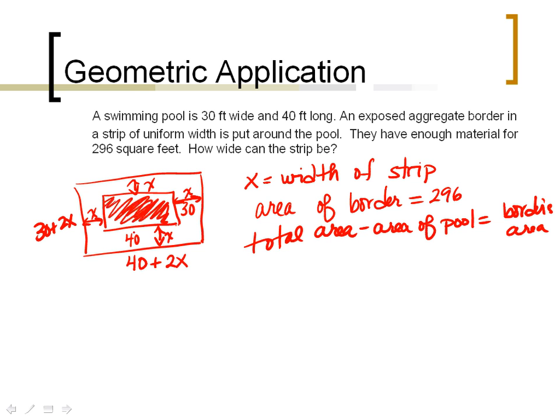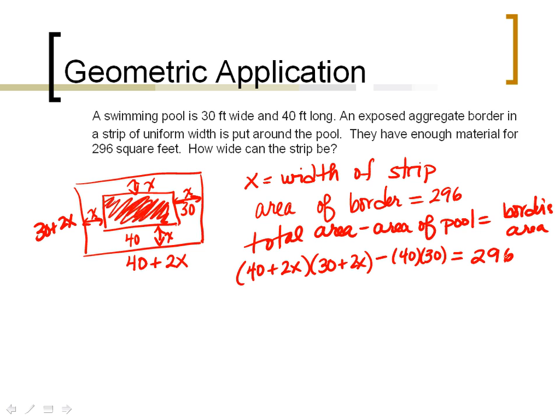Now the area of the pool we already know is 40 times 30, right? Just length times width. So we're going to put it in the formula: (40 plus 2x) times (30 plus 2x) minus 40 times 30, and that's going to equal the area of the border, which is 296. Okay?